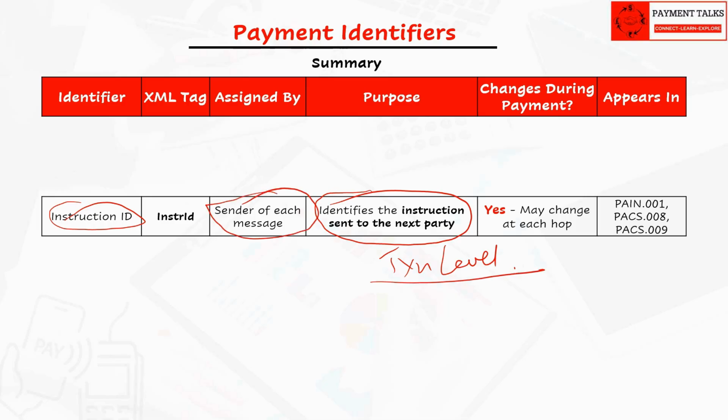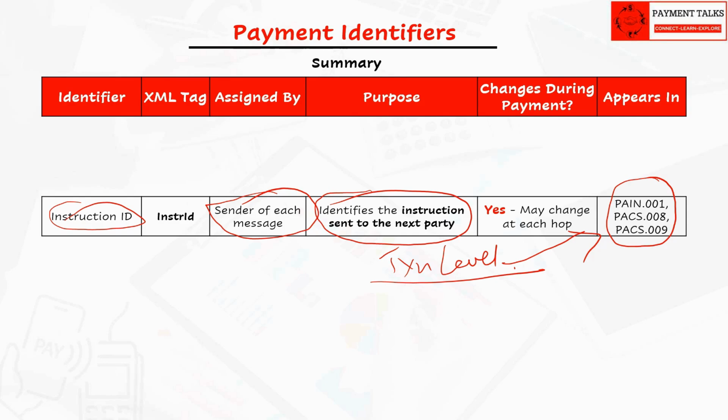The corporate assigns one in PAIN.001 and each bank assigns a new one in every PACS.008 they send. Where does it appear? In the transaction level blocks of PAIN.001, PACS.008 and PACS.009. What does it cover? A single transaction in a single bilateral exchange between two parties.